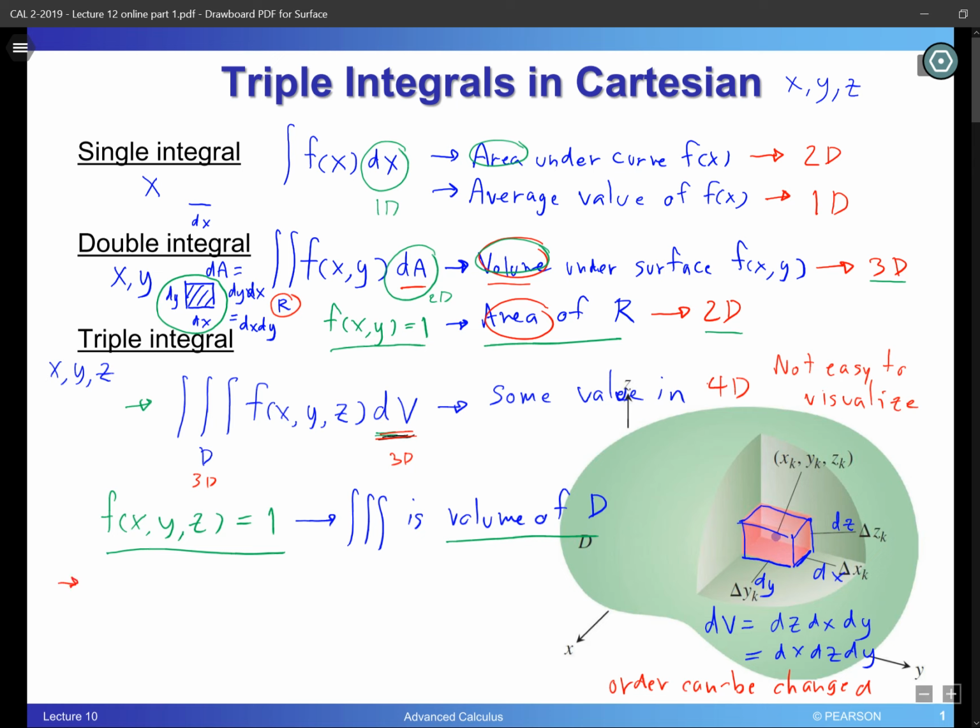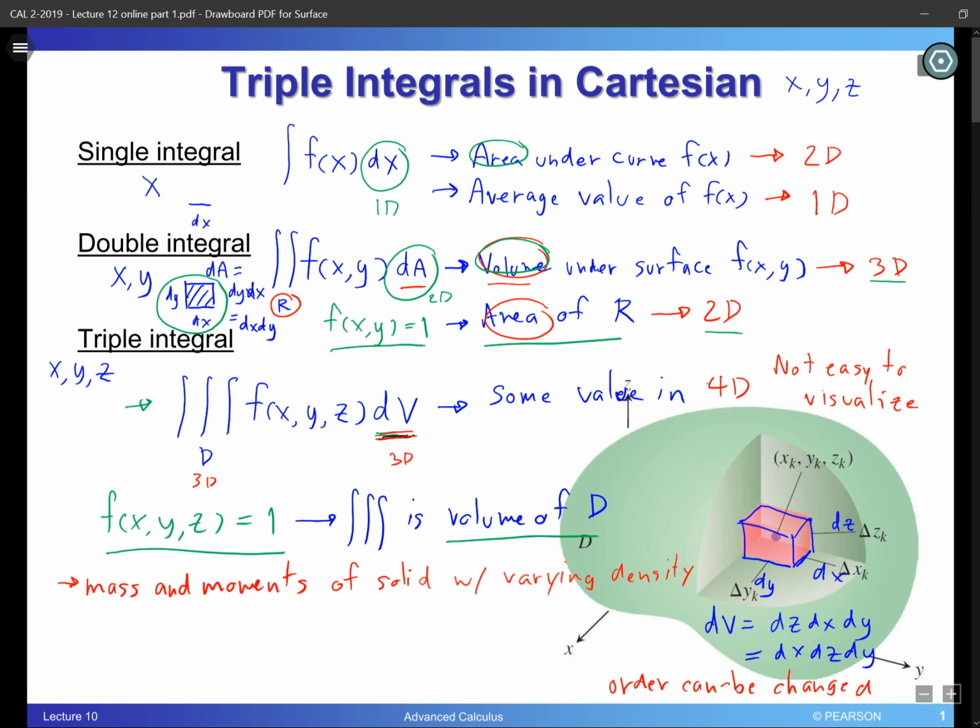We can use this to calculate the mass and moment of solid with varying density. Sometimes you are given a density function and you are supposed to find the overall mass of a certain object in 3D. You have to rely on this triple integration.